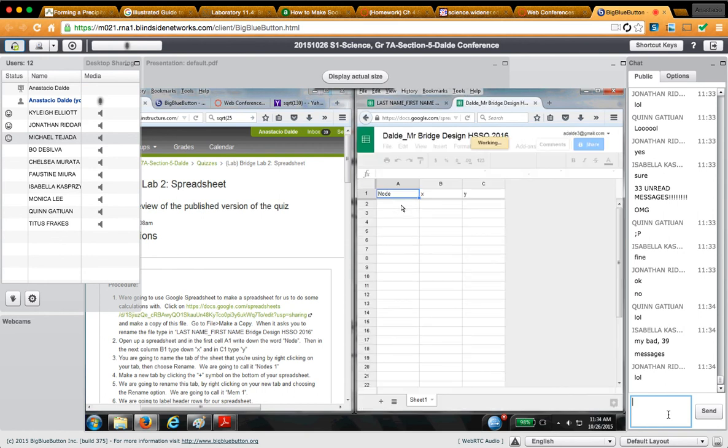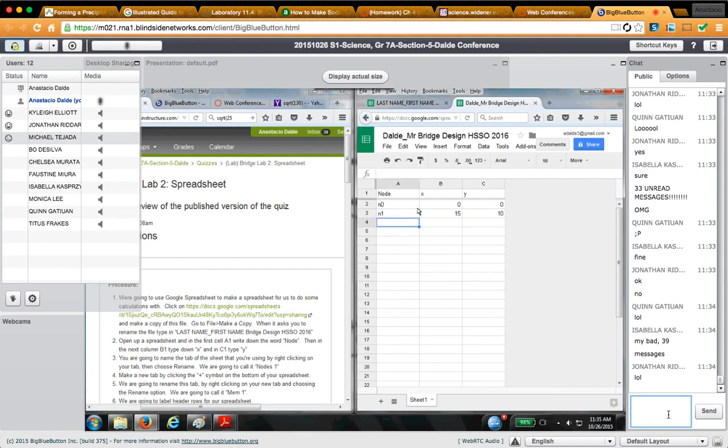So I need you to type in all of the nodes. For example, our node, which was N0, the coordinates were 0, 0. And our node 1 was at, I think, 15, 10.